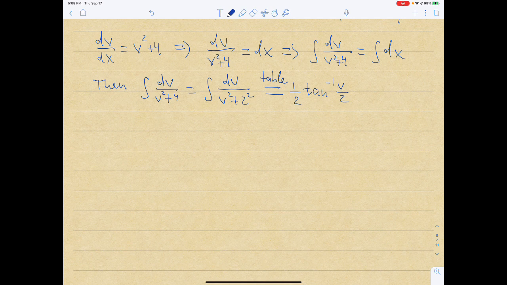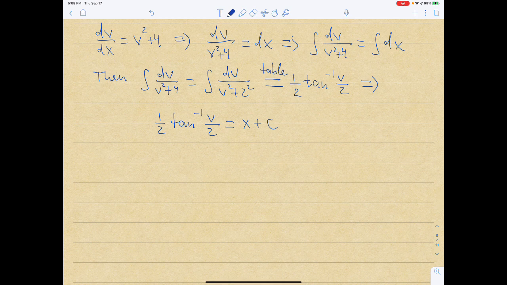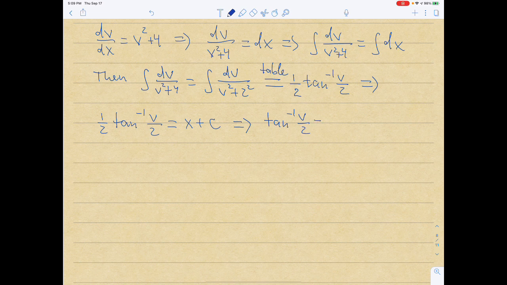All right. And so then 1/2 arctangent of v over 2 is an integral of dx, which is x plus a constant. Well, in this case, actually, we can solve this equation for v, right? Because if I have half of arctangent of something is x plus c, that means that arctangent of v over 2 is 2x plus 2c.